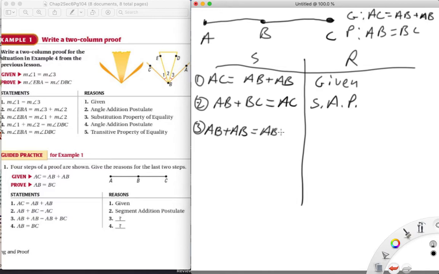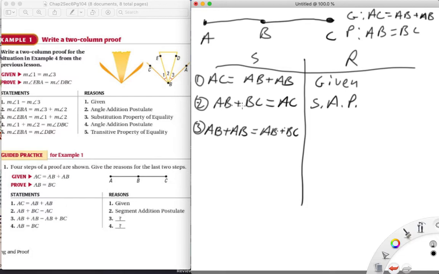Here's what happened. If you look at our initial AB plus AB equals AB plus BC, you can see that from here to here we substituted.